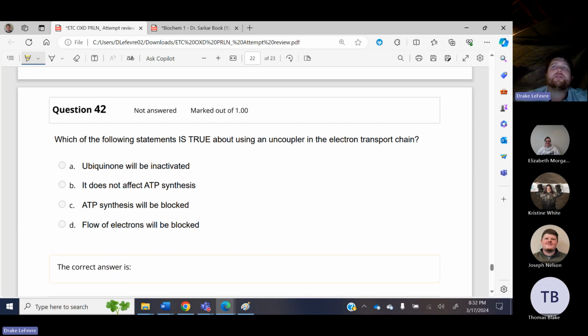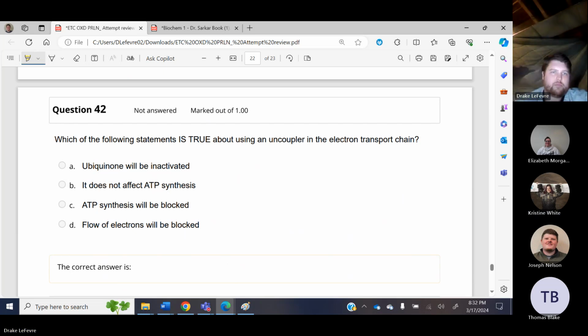Which of the following statements is true about using an uncoupler in the electron transport chain? ATP synthesis is blocked. Yeah. What about oxygen? It will continue. What is the name of the protein, the enzyme that is found in brown adipose tissue that uncouples?